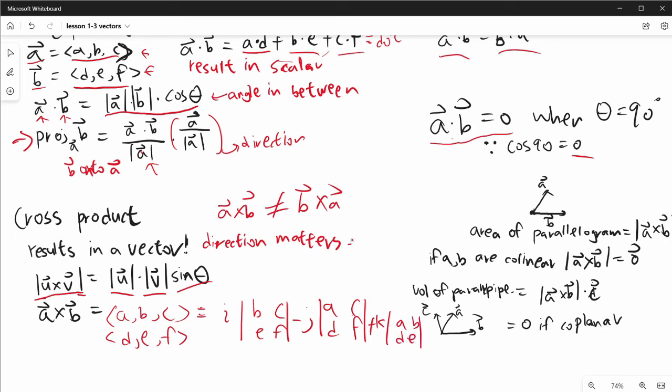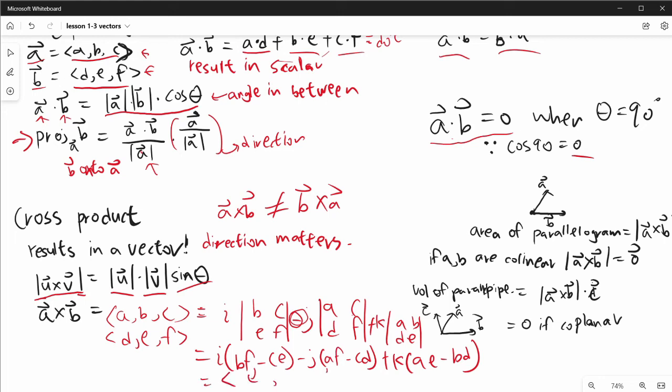Remember that the second component is negative. Then you find the determinant of these: i of bf minus ce, minus j of af minus cd, plus k of ae minus bd. When you get all these out, it should be a vector.